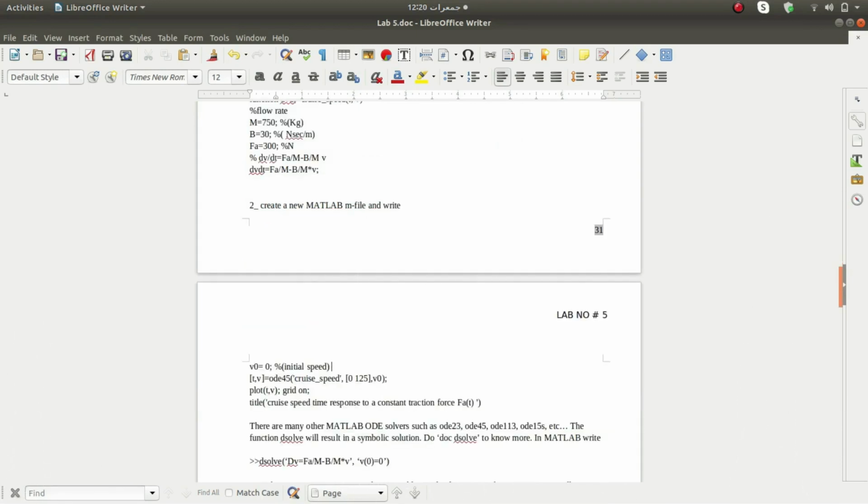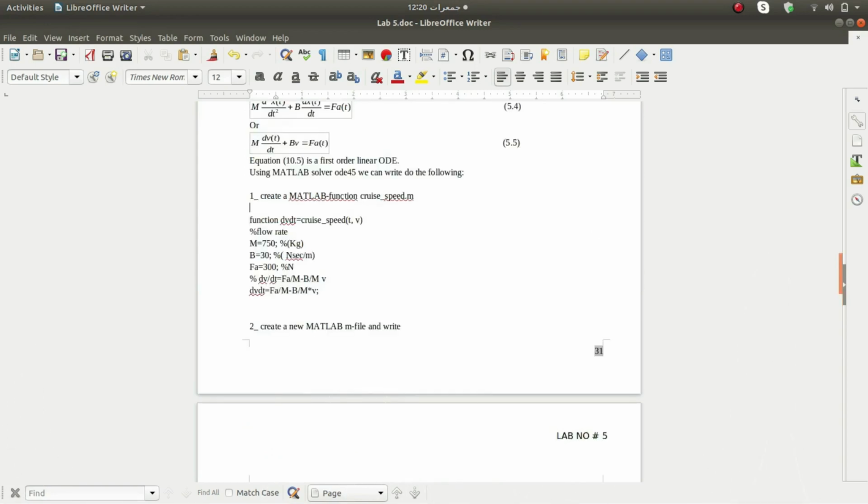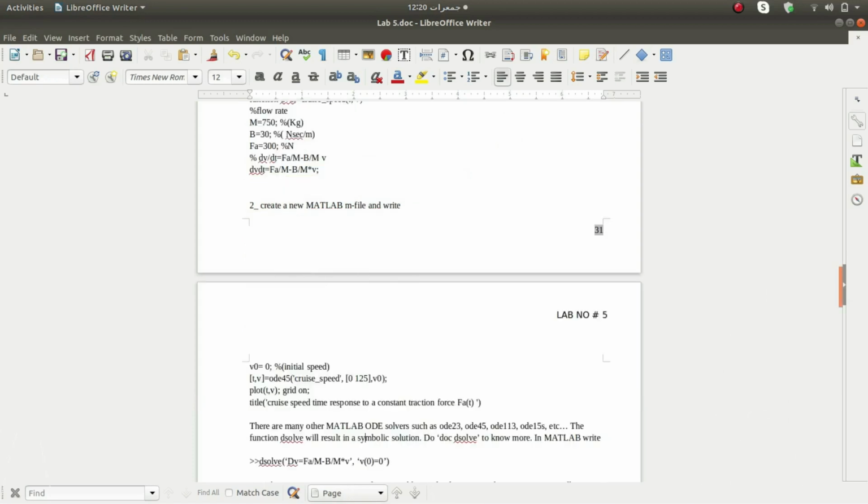Second, now we are going to solve this equation. We have supposed the initial velocity equals 0, and now we are using the ODE function. This is the function name which we declared at the start. Here you can see cruise_speed.m, so we are calling this function cruise_speed, and this is the time span, because we are solving with respect to time, so this is the time limit.